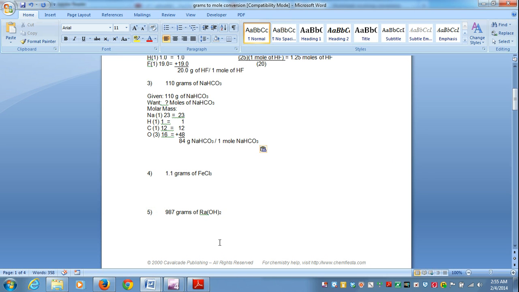Okay, so now we got to go back and set up our problem, simply by placing whatever we want as our given. In this case, our given is going to be 110 grams of sodium bicarbonate.